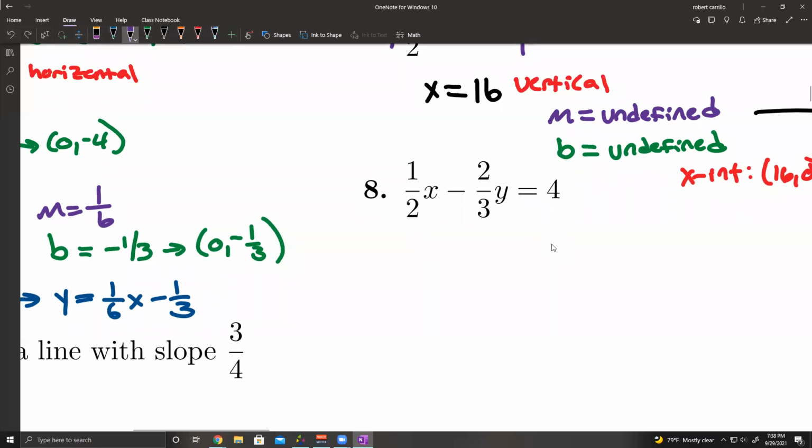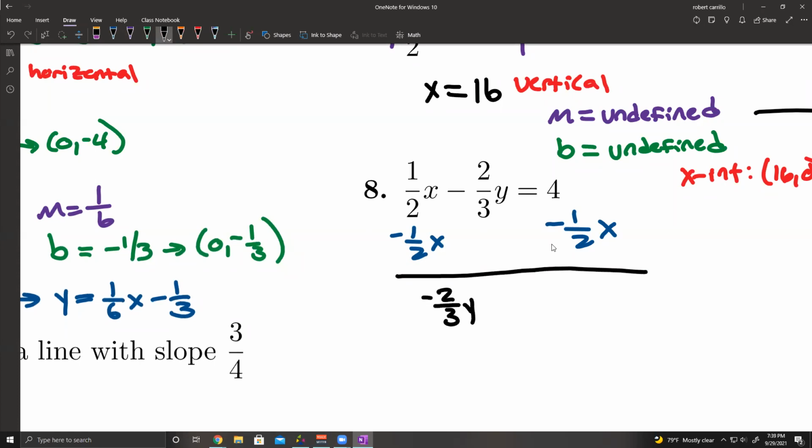So we're going to say minus 1/2 x, minus 1/2 x. And we get left with -2/3 y equal to -1/2 x plus 4.